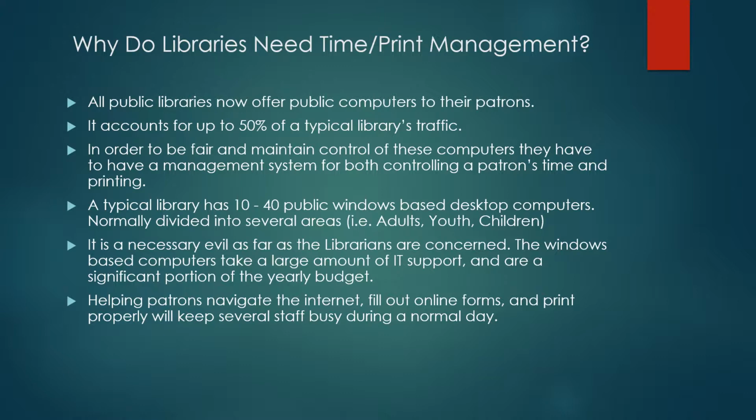And each one of those areas will usually have different times. Some children may get 30 minutes while adults get an hour. And so our software will allow them to divide them up into computer zones and to be able to assign how much time each computer in those areas receives, or each patron receives when they get on the computer.